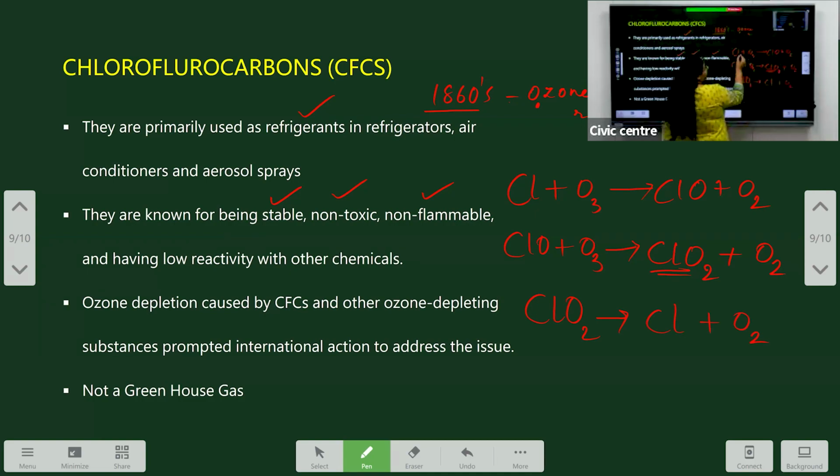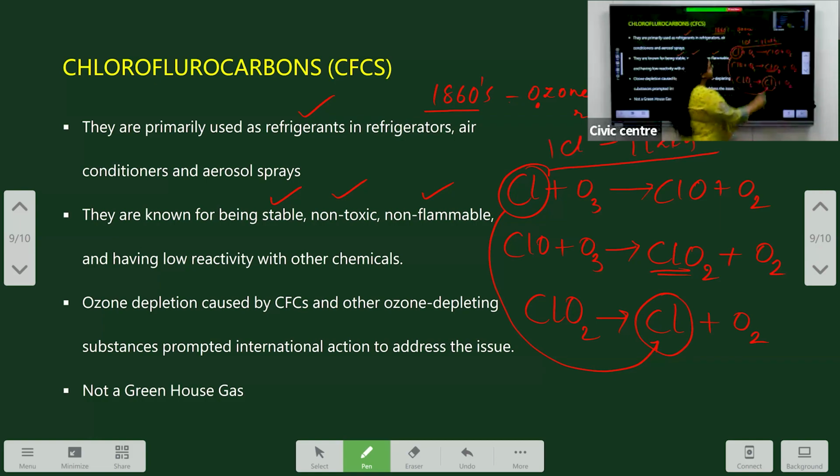Now we can see the same chlorine atom is again here. It is seen that one chlorine atom can react with 1 lakh ozone molecules. And you can see how a very small amount of chlorine atoms can destroy the ozone layer easily. And this is what happened in the late 19th century.